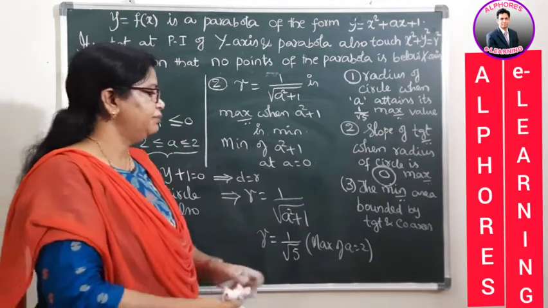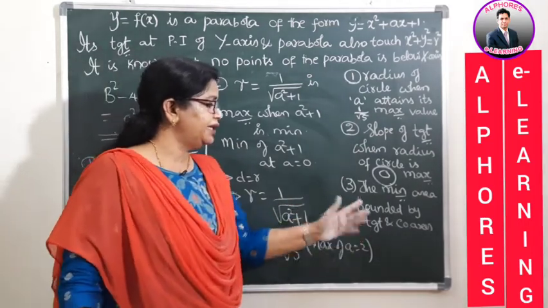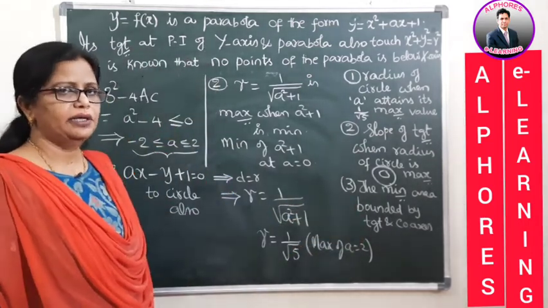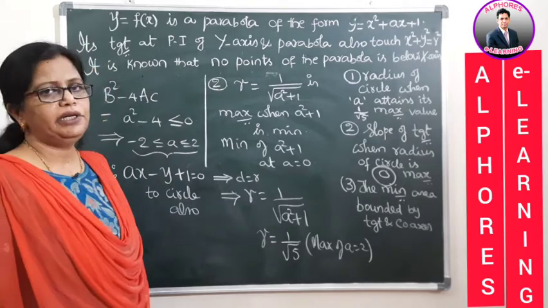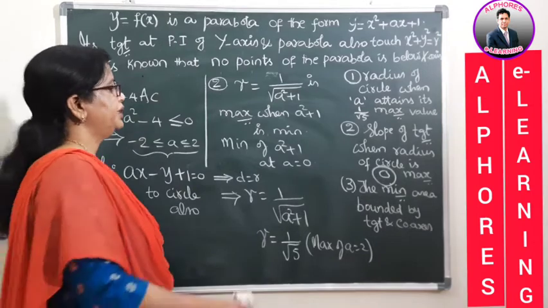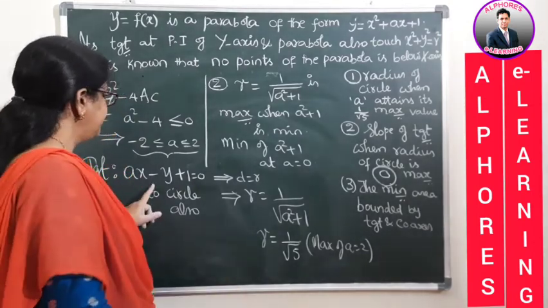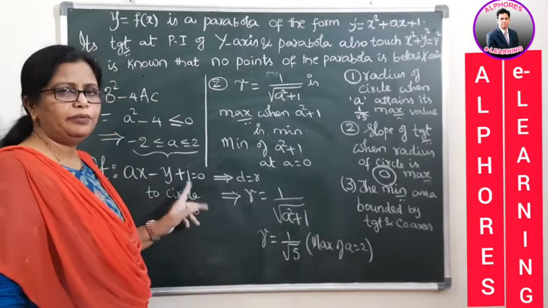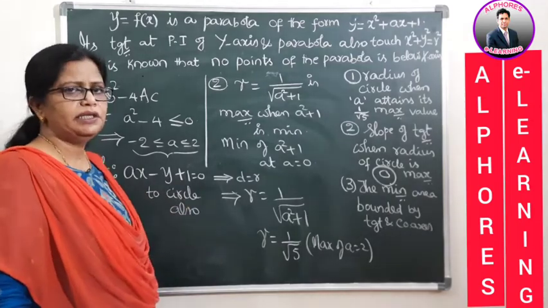And lastly, the minimum area bounded by tangent and coordinate axis. Tangent and coordinate axis, which is drawn of course at this point. The minimum area bounded by. The line is of the form ax plus by plus c is 0.